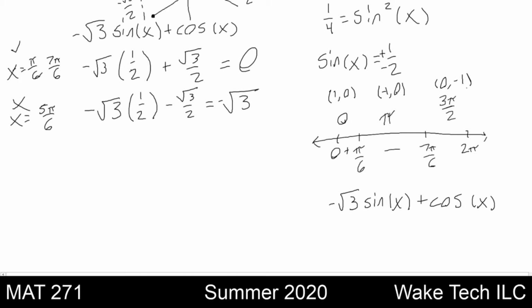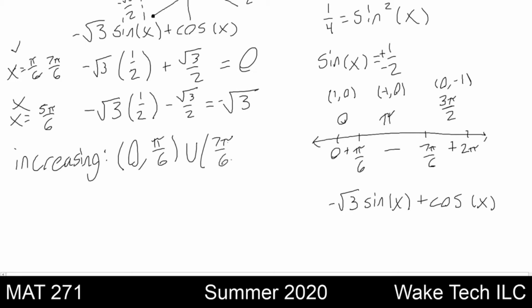And finally, we have 0 as our cosine, and our sine is negative 1. Negative 1 times negative square root of 3 is positive square root of 3. So it's a positive number. Then it is increasing from 0 to pi over 6, and from 7 pi over 6 to 2 pi.